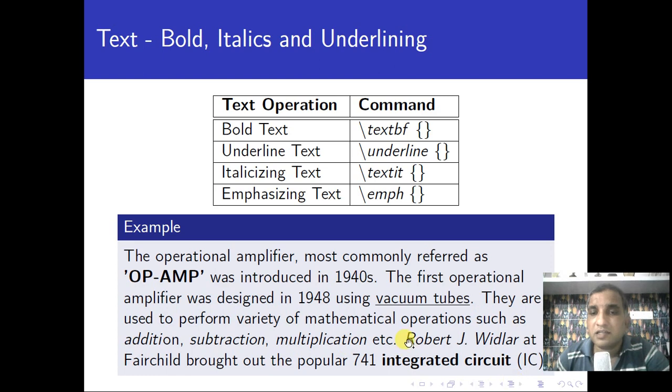And the next one, Robert J. Widlar, this text I have made emphasized. Italicization and emphasizing both seem to be similar, but there is some difference. What will be the difference? That we will see when we do the practical hands-on of these different formatting commands.